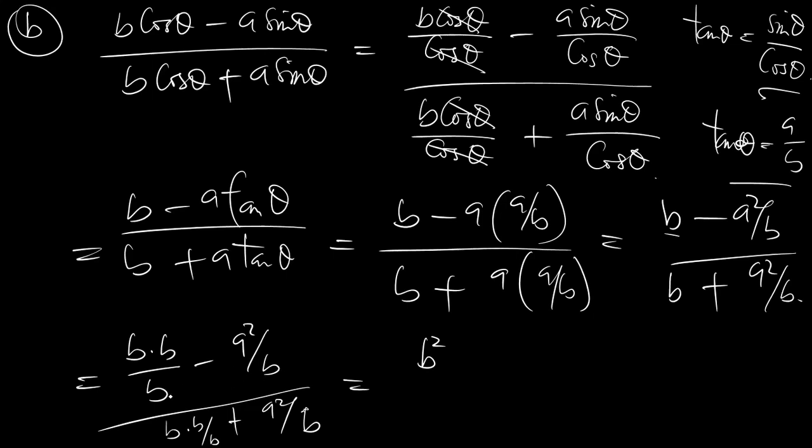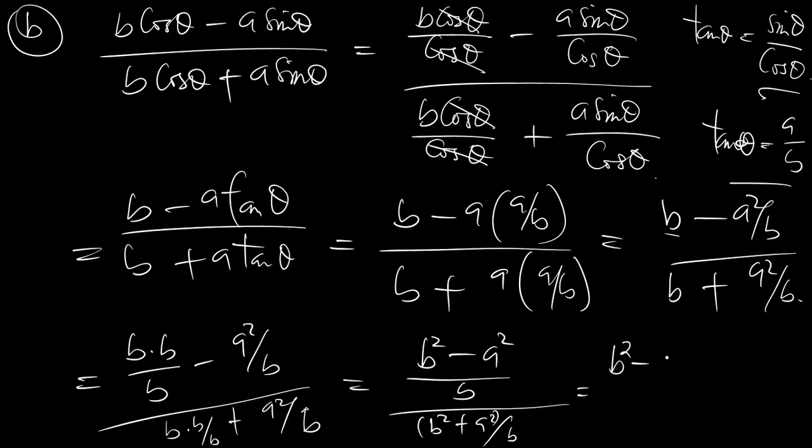Now, since the denominators are the same, I'll add the numerators. So I will now have B square minus A square divided by B, all divided by B square plus A square divided by B. This is the same thing as saying B square minus A square all over B times B all over B square plus A square.